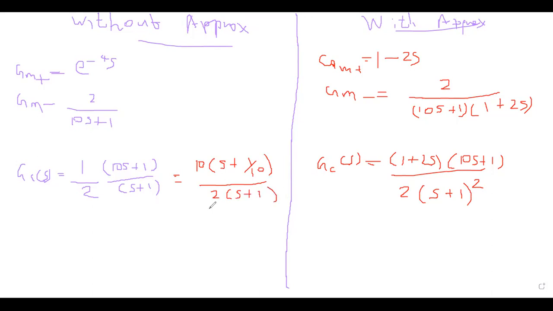So we can cut this off and we can get 5 times s plus 1 over 10, divided by s plus 1, is equal to GCS.